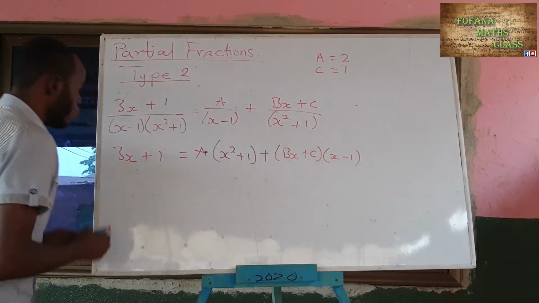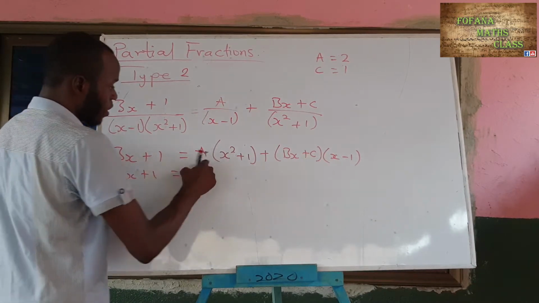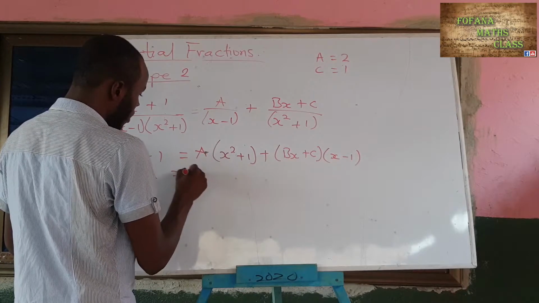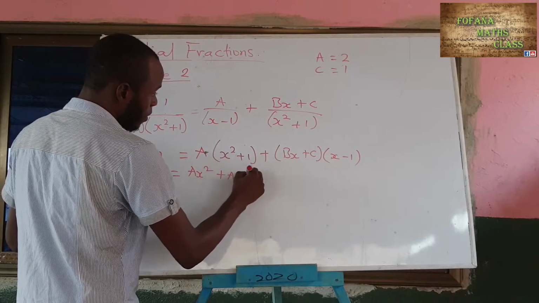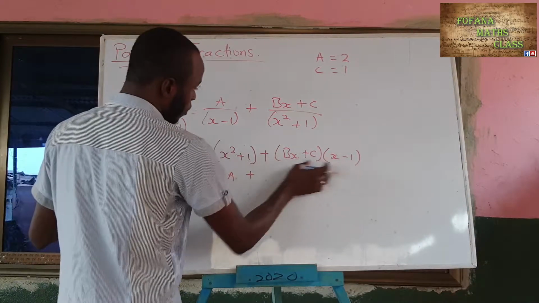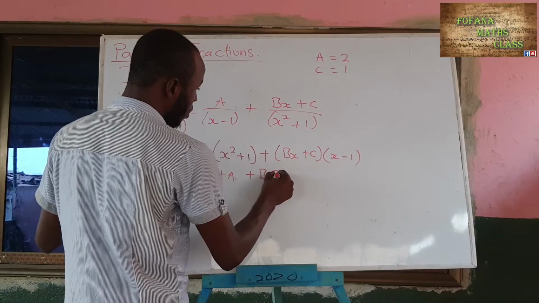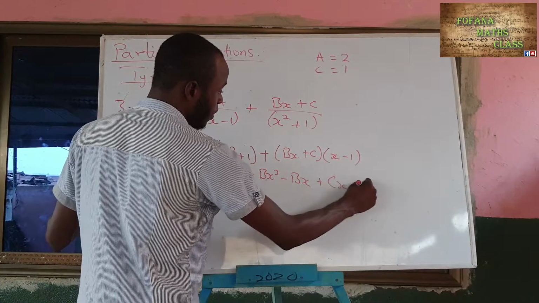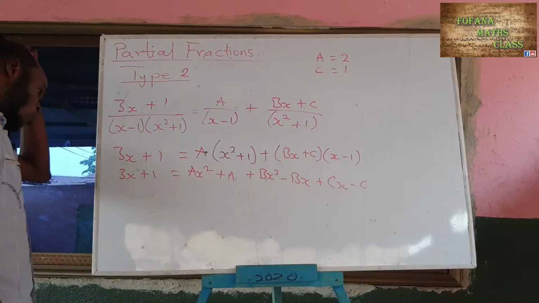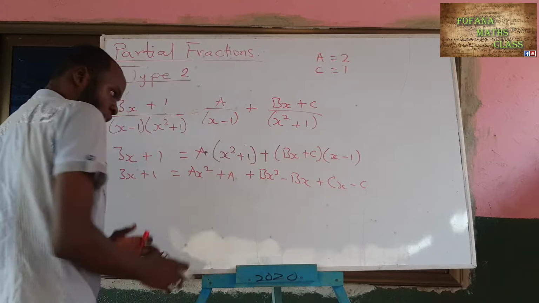So here we will expand the bracket, so we have 3x plus 1 equal to, now A will expand this, so we have Ax squared plus A here, then plus, now this will multiply that. So we have Bx times this, we have Bx squared minus Bx plus Cx minus C. Here then we group like terms, or we group them based on the highest degree and then the constants.